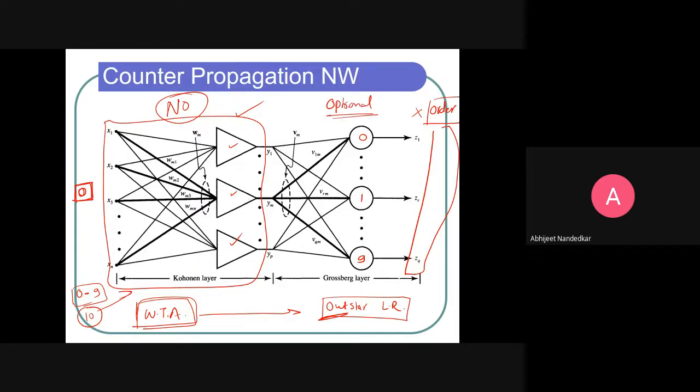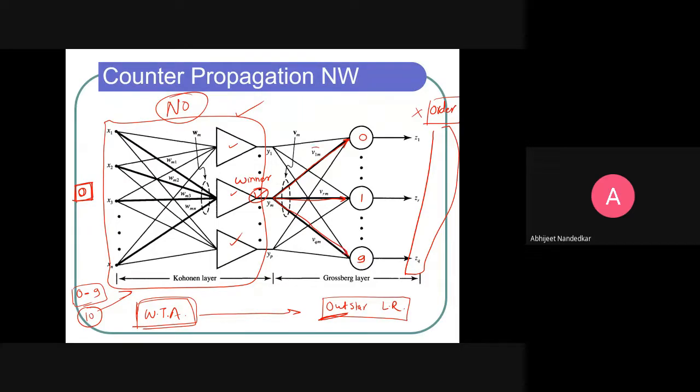Okay, now how to do this? What we do is, we take the winning node from the previous layer. So this is the winner, suppose. Now the connections which are going away from this, these are the highlighted connections here.